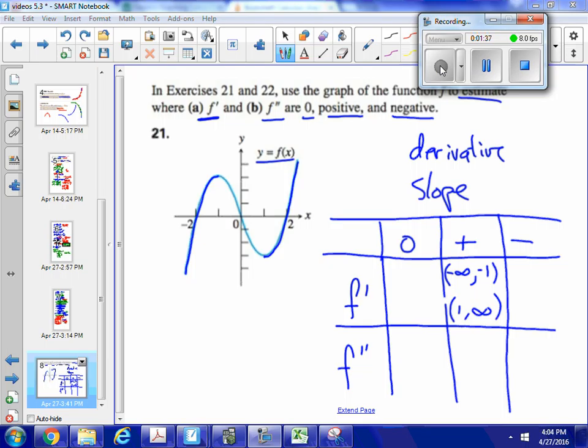And I can see that f prime is negative from negative 1 down to positive 1. So f prime is negative from negative 1 to positive 1.